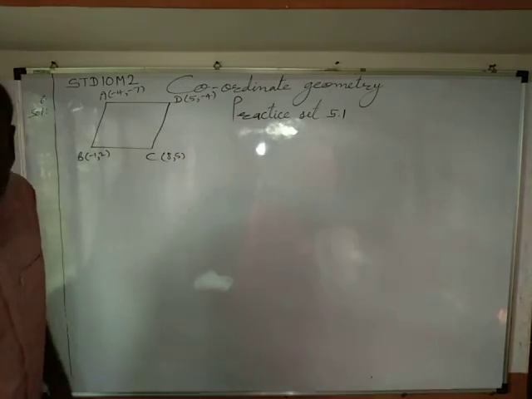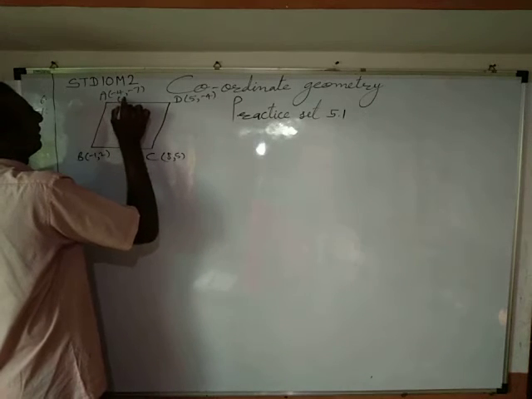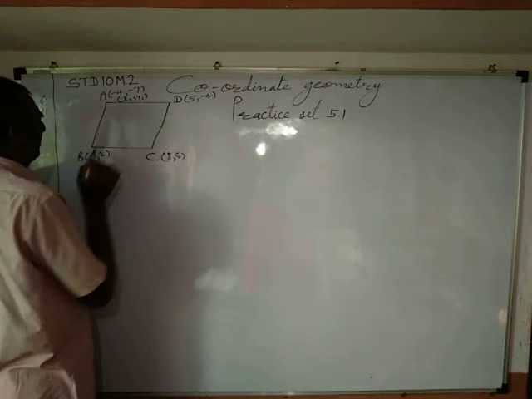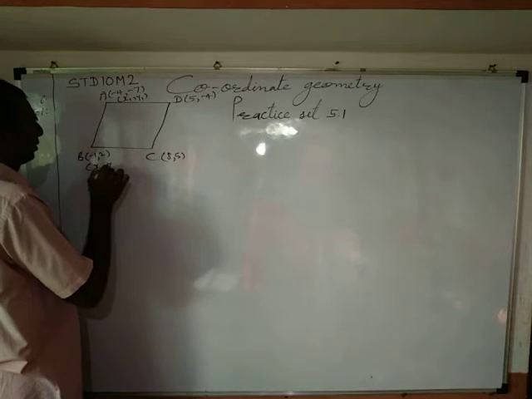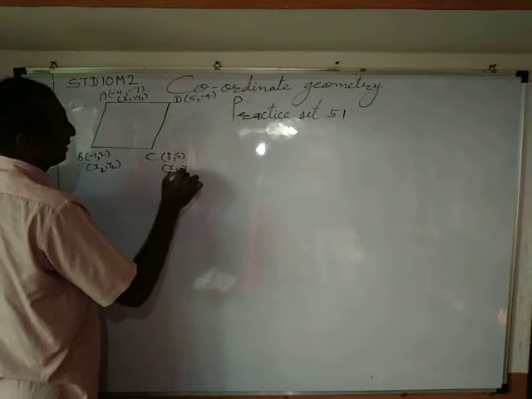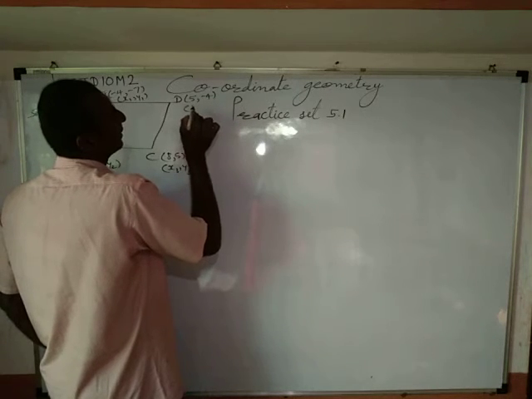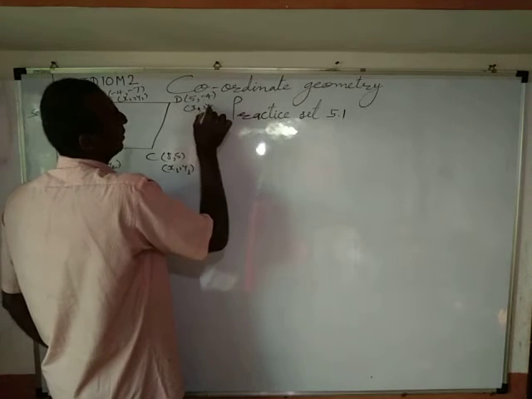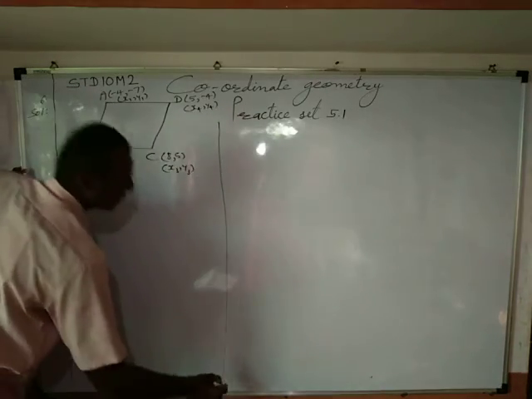Okay, let A(minus 4, minus 7) be x1 y1, B(minus 1, 2) be x2 y2, C(8, 5) be x3 y3 and D(5, minus 4) be x4 y4. Let's mention these things in a solution.